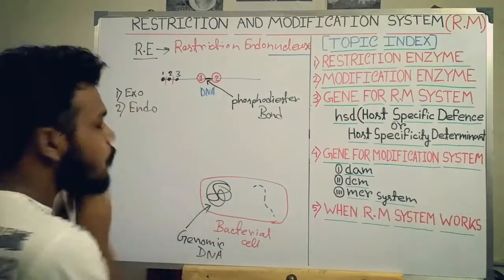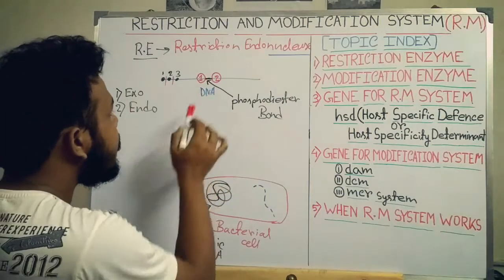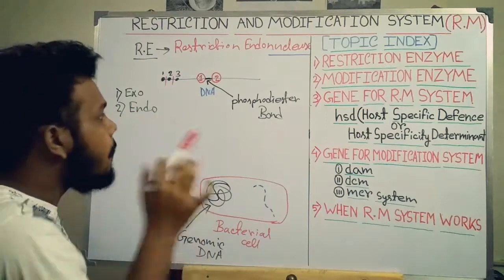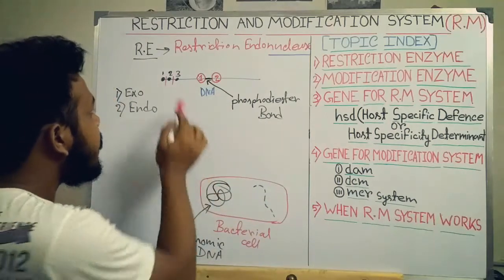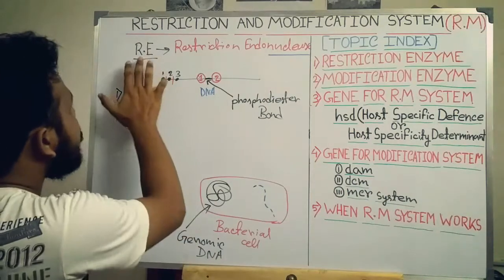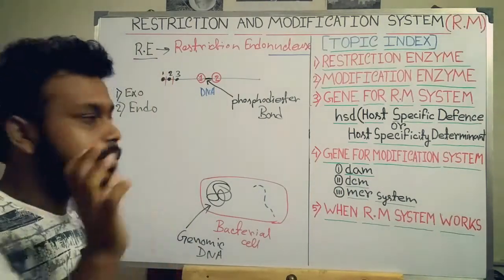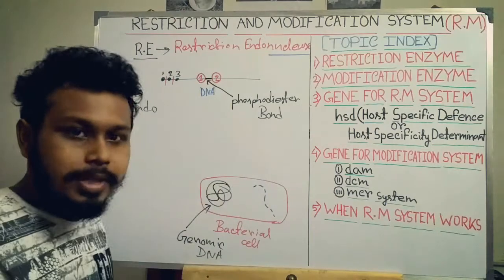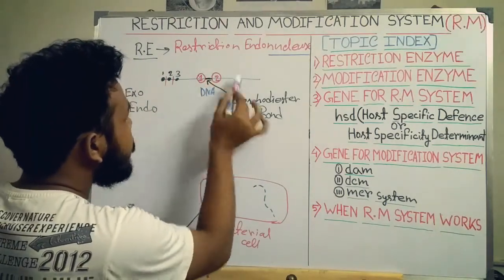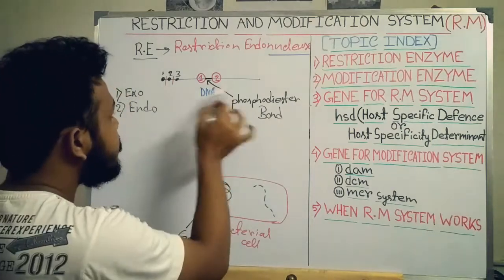That means it can cut the DNA at any position in the middle of the DNA, but it cannot cut the DNA from the end position. As the restriction enzyme is one type of endonuclease enzyme, it can cut the DNA at any position.